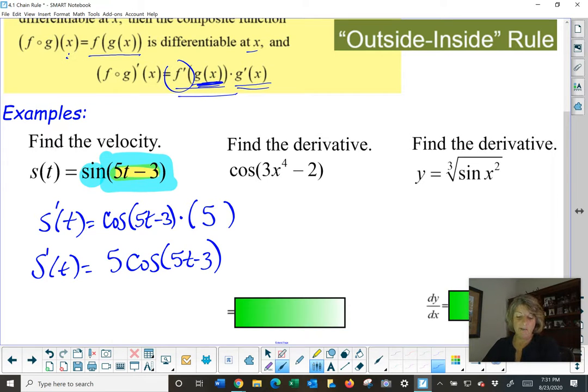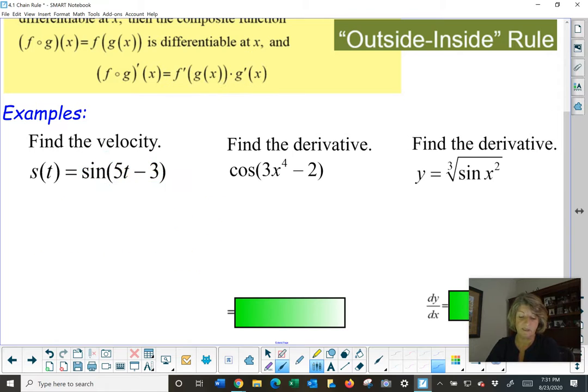The next example says find the derivative. We got cosine of 3x to the fourth minus 2. Once again, I see 2 levels to this one, and you give it a try, but I'm going to say y prime. I could add y is equal to that just to make sense. I get y prime. What's your first step? Well, this is the outer function, so it's going to be negative sine of g of x.